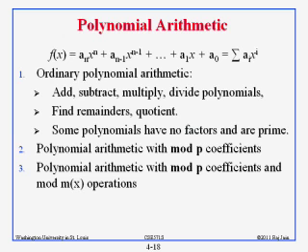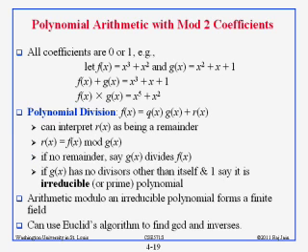The next step would be to teach you mod p coefficients but with a mod operation on the polynomial. The coefficient could be mod 8, so coefficients would be from 0 to 7, but the whole polynomial operation we do mod some other polynomial. So let's do mod 2 coefficients.